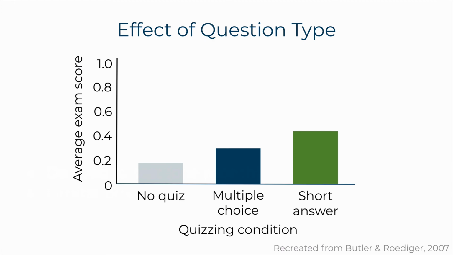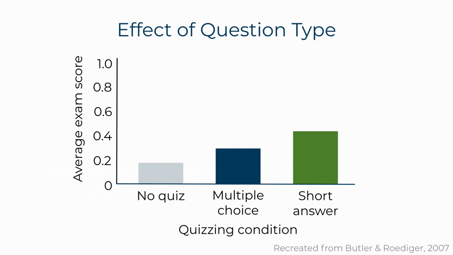We can see on that one month follow-up exam, those who didn't restudy at all had a pretty low score. Those who answered multiple choice questions and then came back and took the exam a month later scored a little bit better. But the best score is in short answer questions, those who studied with a short answer question quiz. And the theory here relates to cognitive difficulty or cognitive effort.